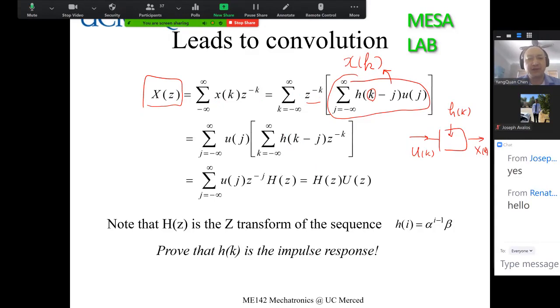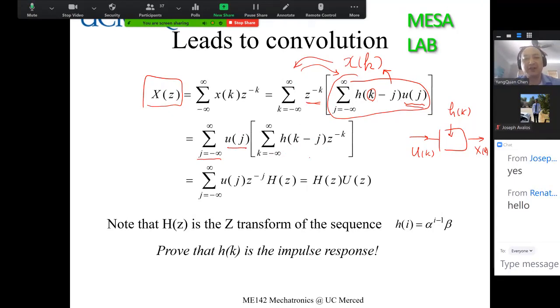According to our definition here, we move the z minus k inside, because u_j can be pulled out. So basically, we swap the two sigmas. We do the j summation first, then k. So u_j is still here, and the others are just in here.